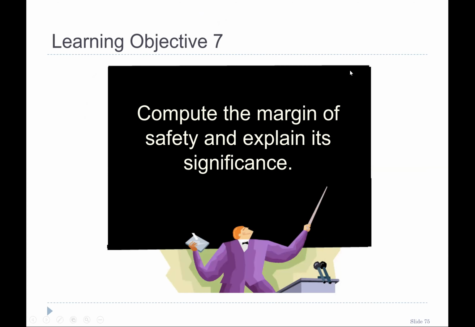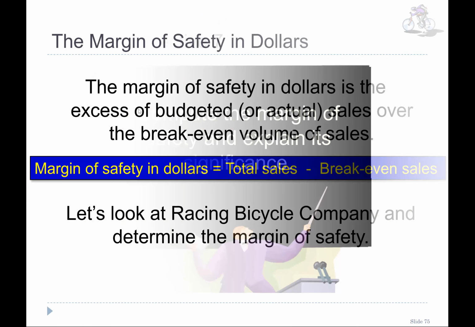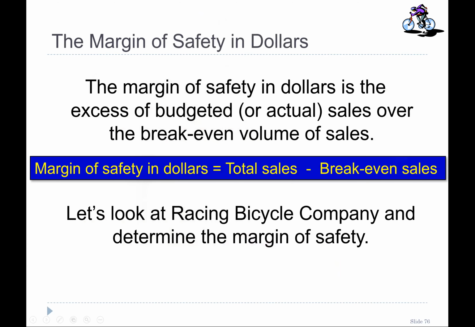And let's talk about the 7th learning objective, which is compute margin of safety and explain its significance. What is margin of safety? Margin of safety is how much you are above your break even. Simple.